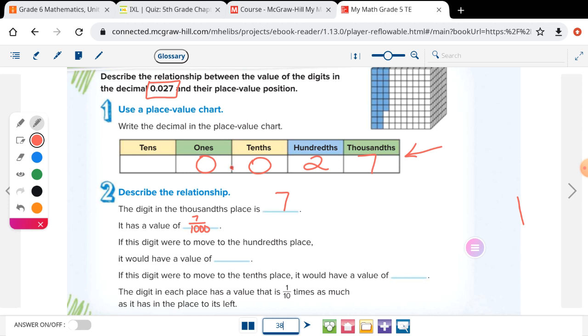How do we write 7 thousandths as a decimal? Caleb? 0.07. That would be 7 hundredths. So what do you need to do? Add one more 0 because the thousandths place is the third digit. Okay, so we need 3 decimal places for it to be in the thousandths. So we need to make the single digit 7 into a 3-digit number. So we would do 007.